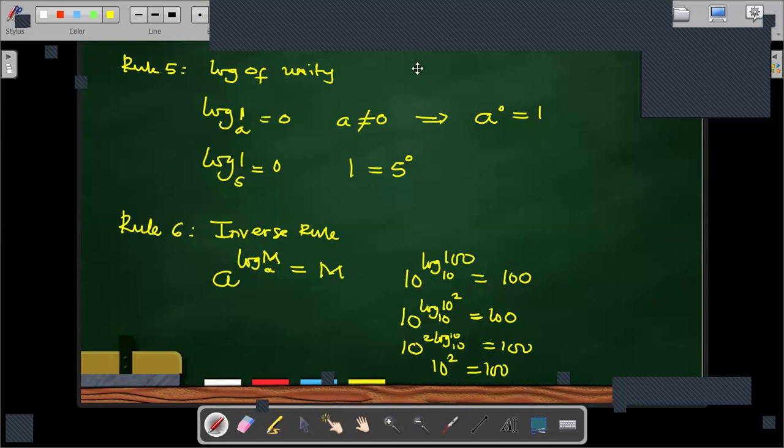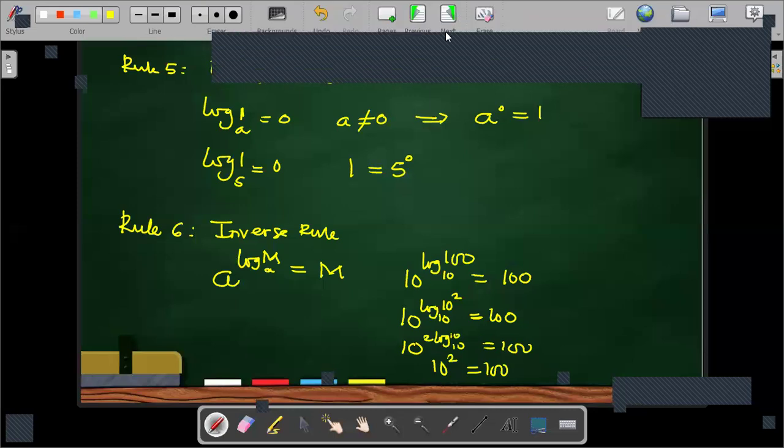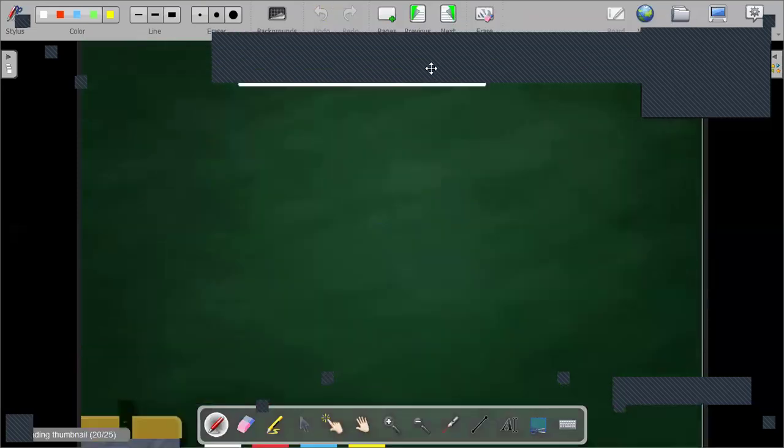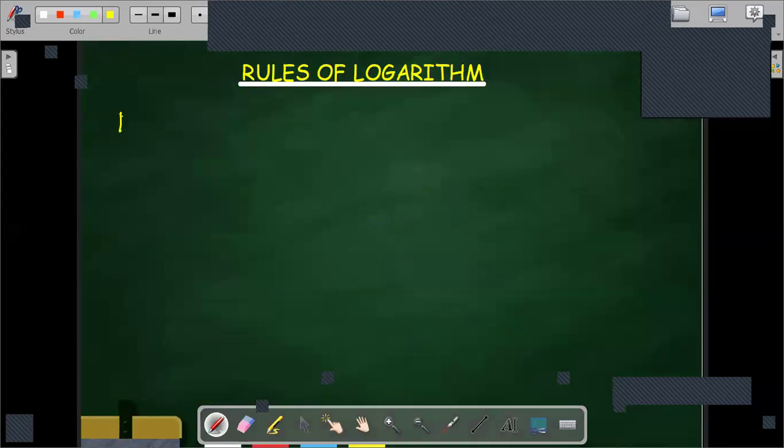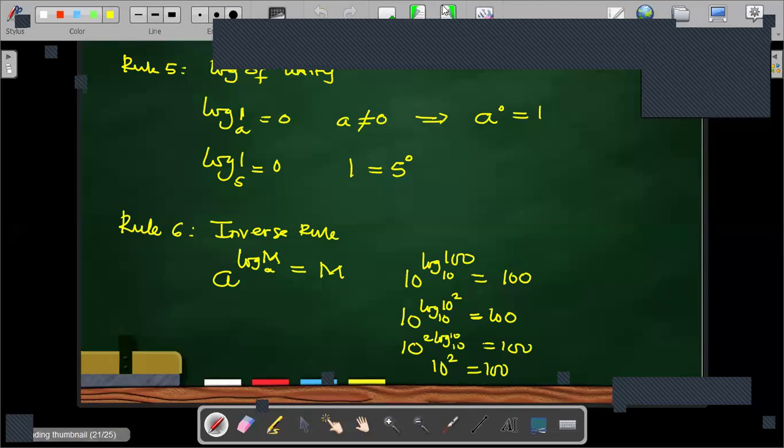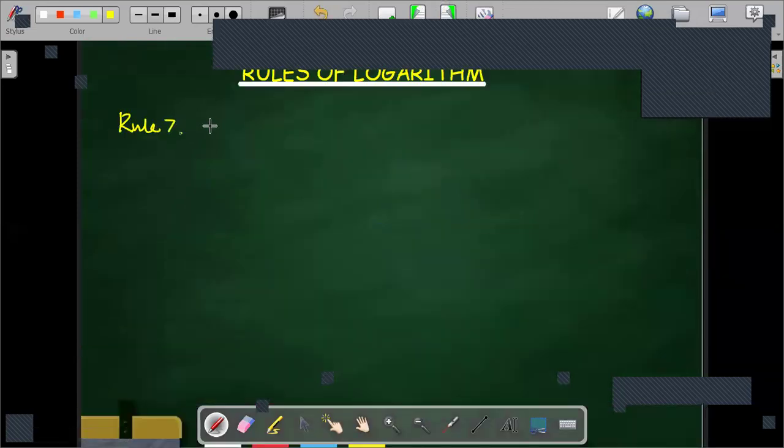Now, let's look at another theorem. Let's call this one the reciprocal law. That should be rule 7, the reciprocal law.